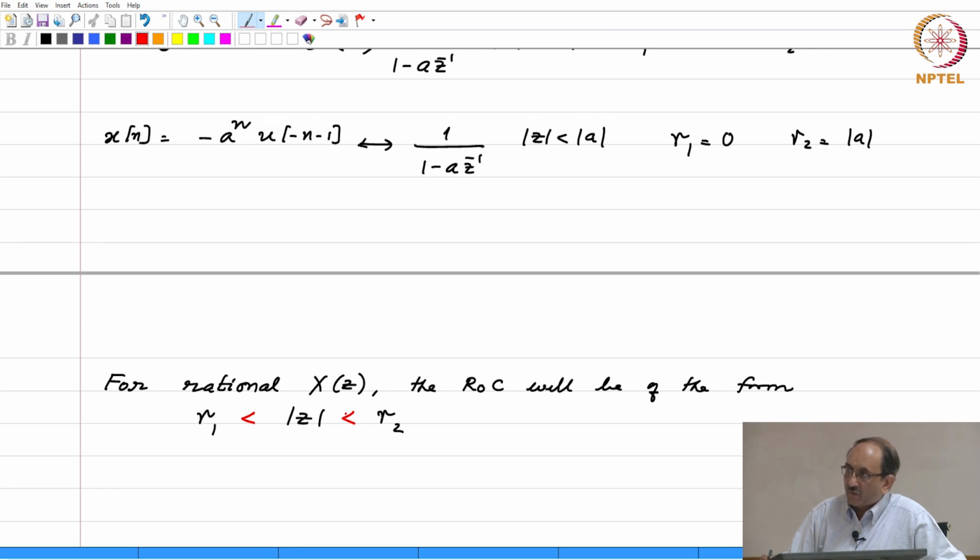For rational transfer functions, this is how the ROC will be, and the ROC will be bounded by poles. This is exactly the same as what was happening in the Laplace transform case. In the Laplace transform case also you would have had sigma 1 strictly less than real S strictly less than sigma 2. There also you had the ROC bounded by poles.